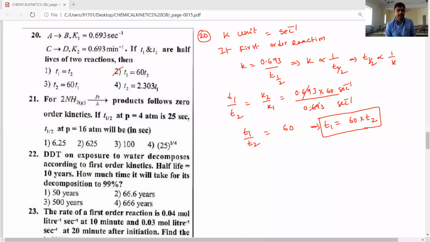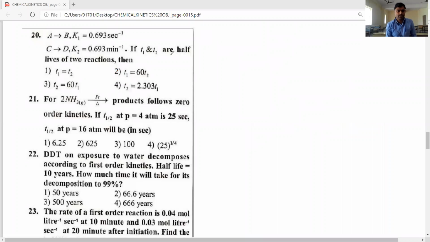Okay, let's see the 21st question. What they gave: the given reaction is following zero order kinetics. The T half at a pressure of 4 atmospheres is 25 seconds, and at another pressure of 16 atmospheres, we have to find the T half value.